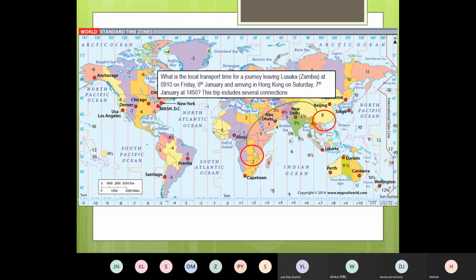Add in 24 hours, yes, in Hong Kong time. Okay, so how did you do it just now to get the 23 hours 40 minutes?